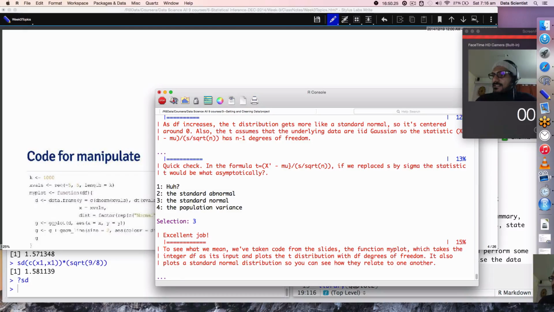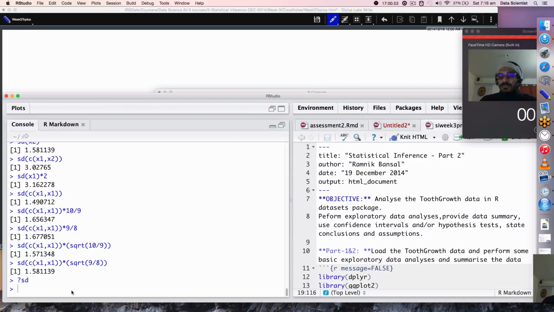He has taken code from the slides and a function called myplot, which takes an integer df as its input and plots it. Basically we had dnorm.